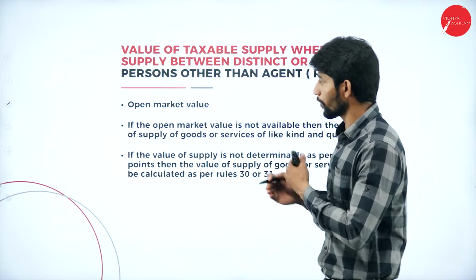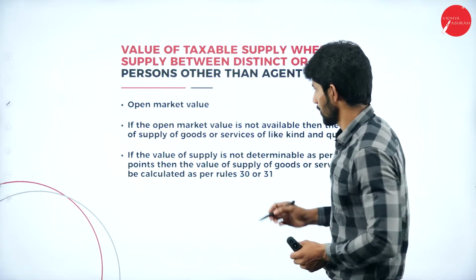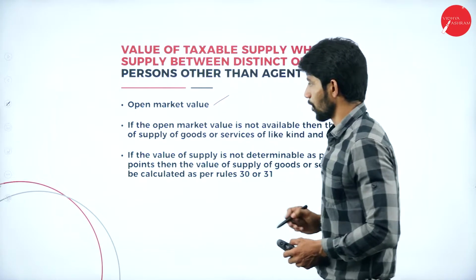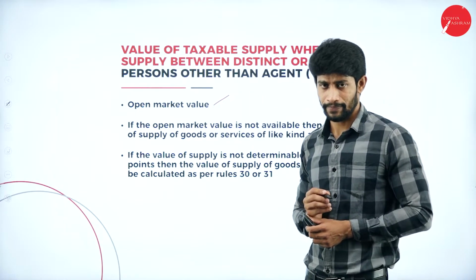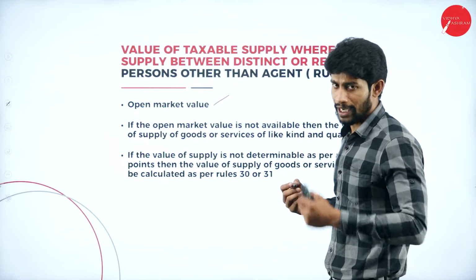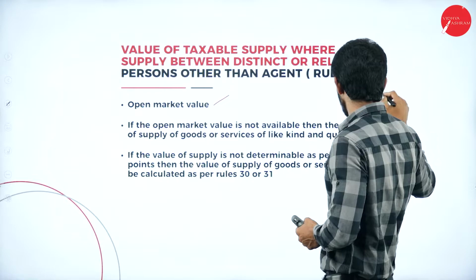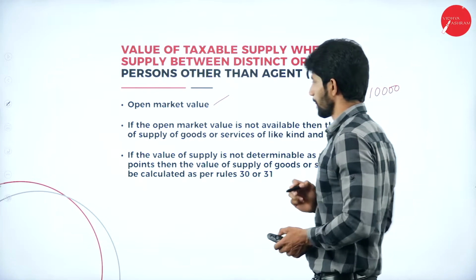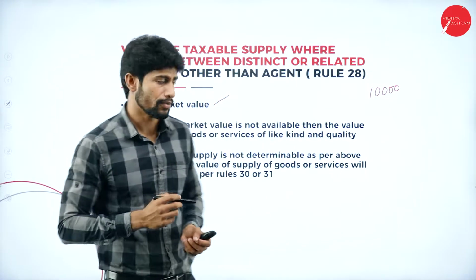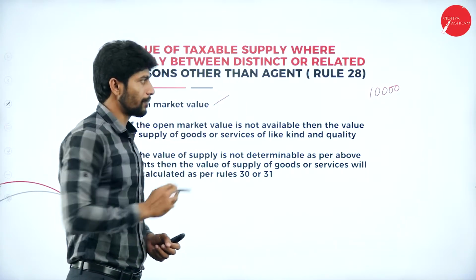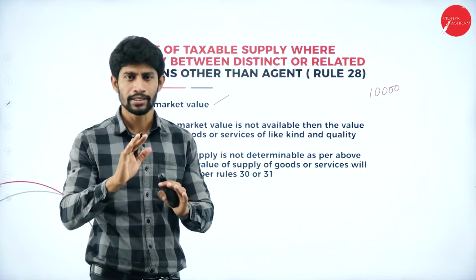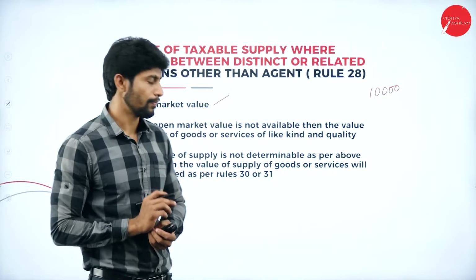So how are we going to compute the value? The first thing we will consider is the open market value of the product. Again, we'll take the same example, that is a camera worth rupees 10,000. So the open market value of the camera is 10,000. Then 10,000 will be the value of taxable supply.